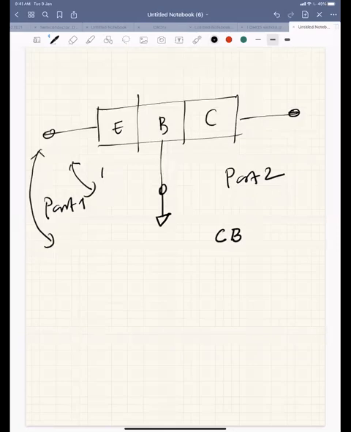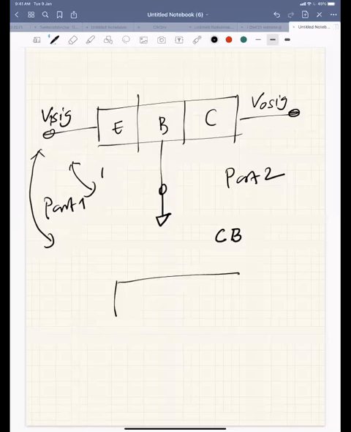Since the base is grounded or common, I'll give my input signal to the emitter and take the output signal from the collector.